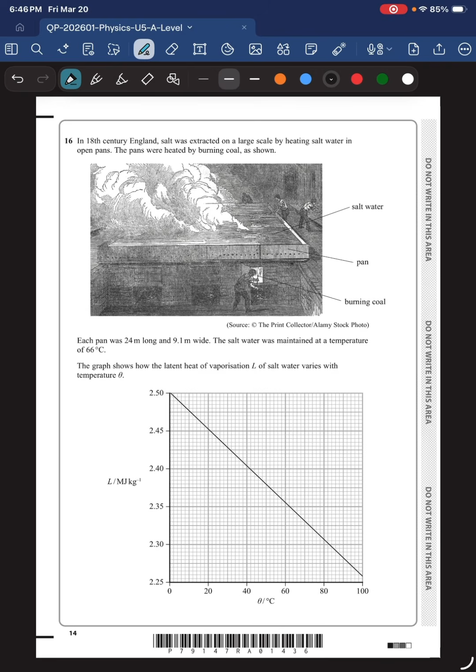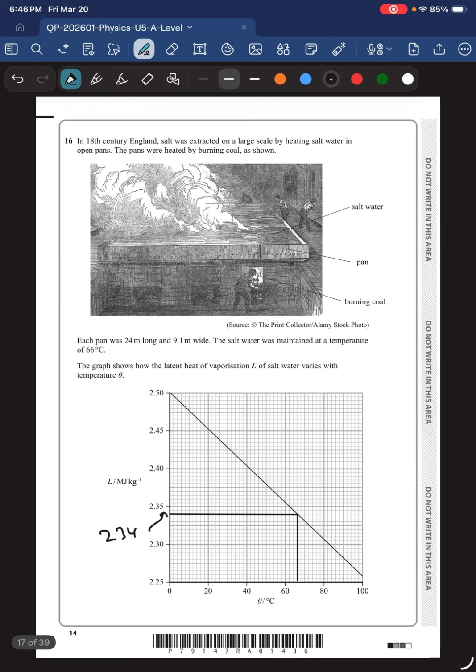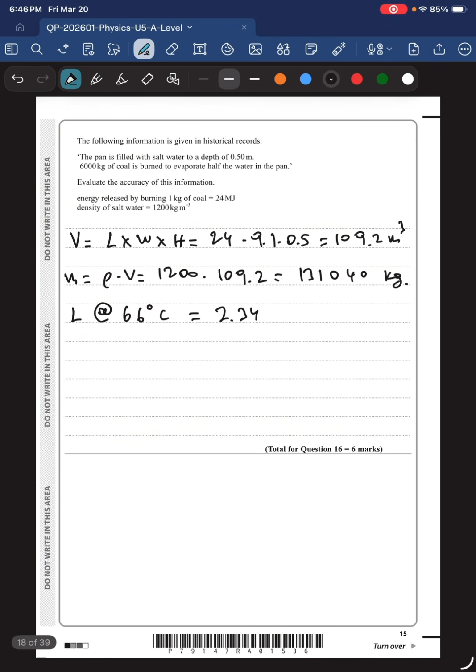Okay, the latent heat at 66 degrees Celsius, we can go back to the back of the paper. So 66 is over here, so 62, 66. Okay, so that's 66. So this is the value. Okay, so that's 2.34, pretty much. The units are megajoules per kilogram, megajoules times kilograms to the minus 1.